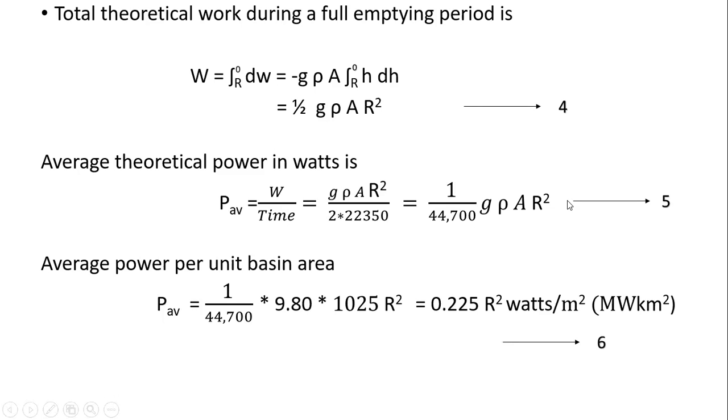From this, if you assume an average sea water density of 1025 kg per meter cube, then we can write the average power per unit basin area.